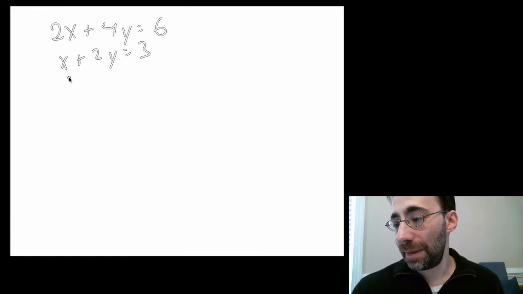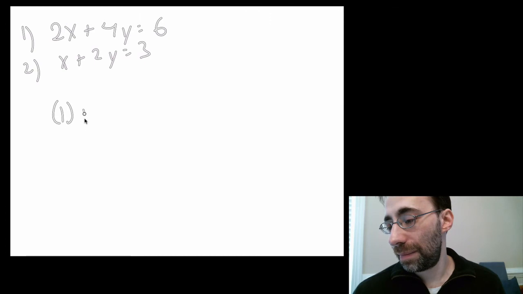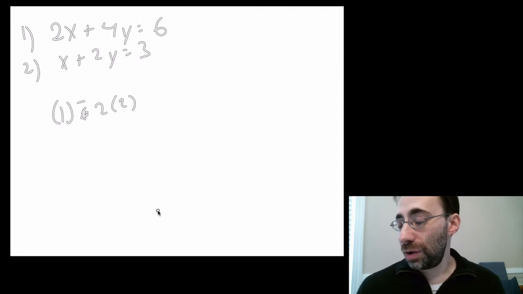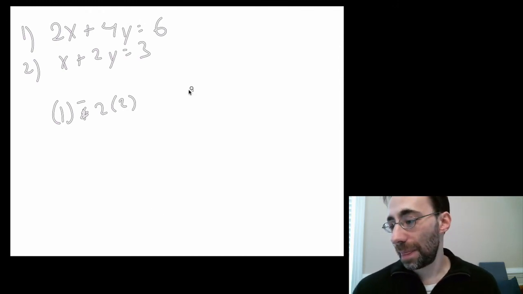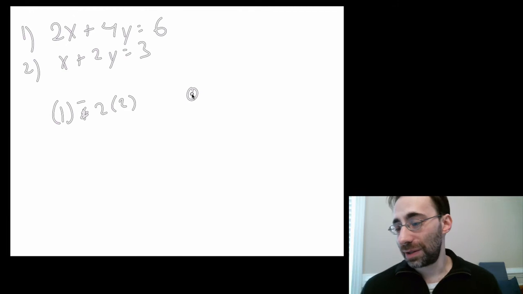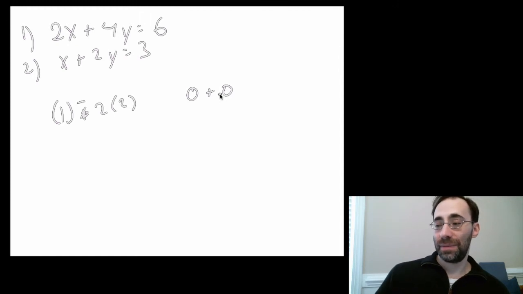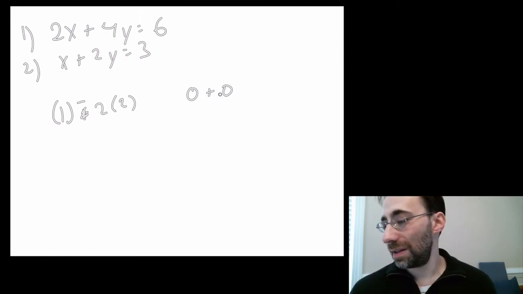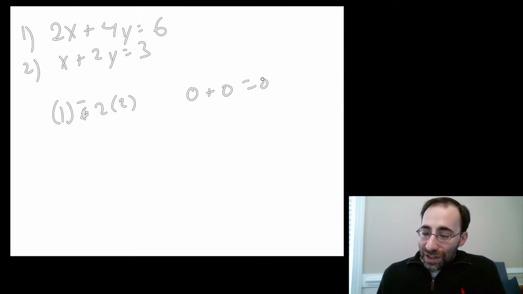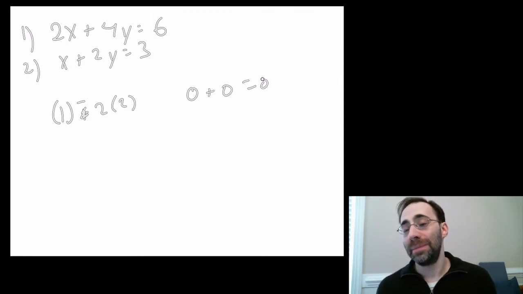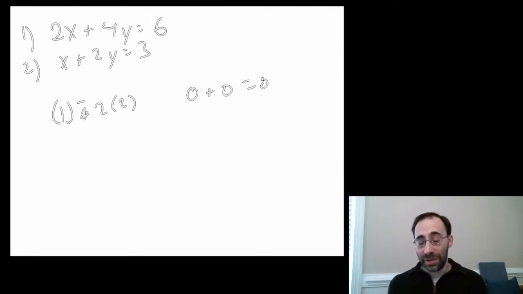I can multiply, so I have 1 plus, minus 2 times equation 2. Well, that would give me 2x minus 2x is 0, great. But 4y minus 4y is also 0. Not as good. And then 6 minus 2 times 3 is 6. So we get the wonderful equation that 0 plus 0 equals 0. Not very helpful at all.